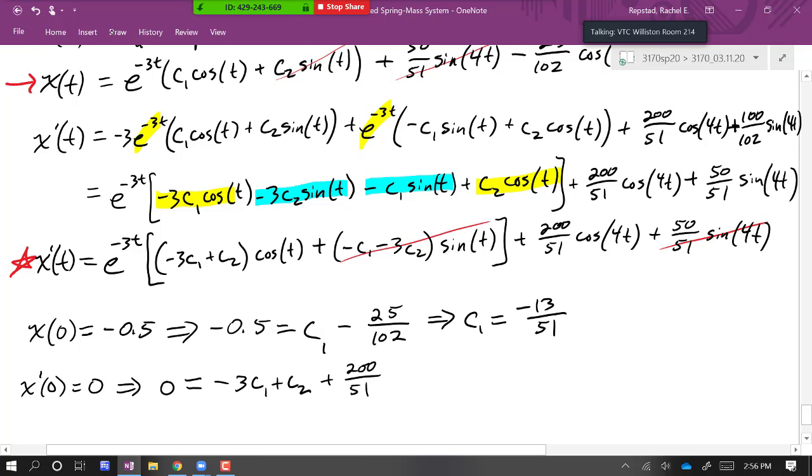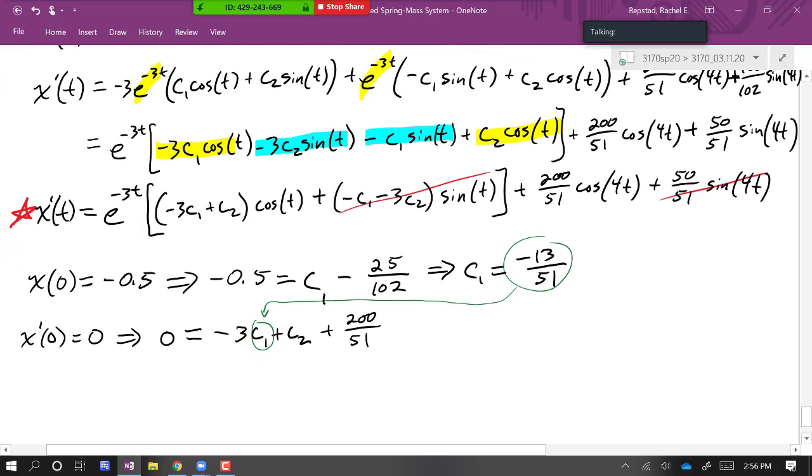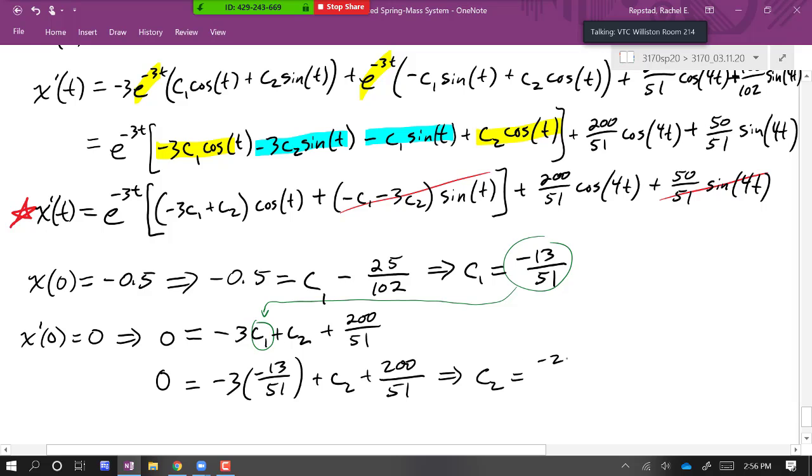And we know the value of C1. So let's see, negative 200 over 51 minus 3 times 13 over 51.